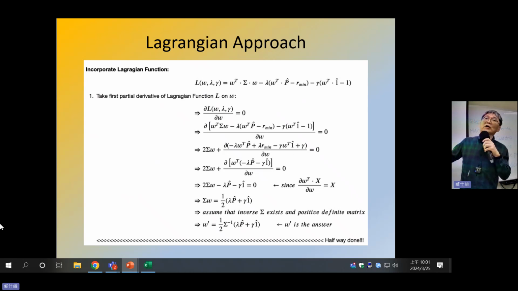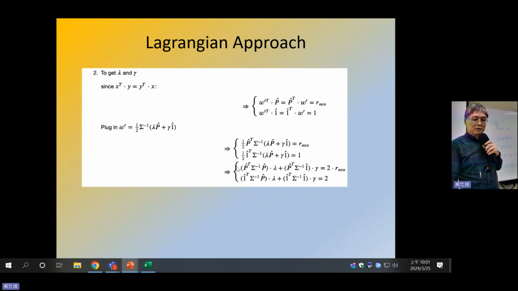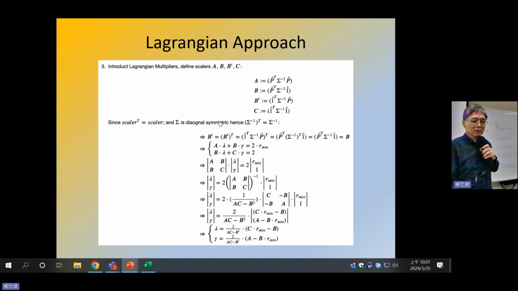After these complicated derivations, finally we get the results. I'm going to skip this because this is just for your reference.